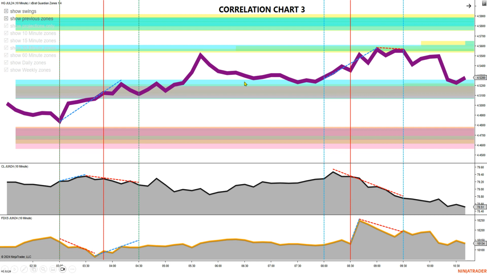But copper, because of the earlier move, really did continue to try and push. It gave up in the end, but didn't give up too much. It came back to test this support that was previous resistance. So understanding behaviour is key to successful trading.